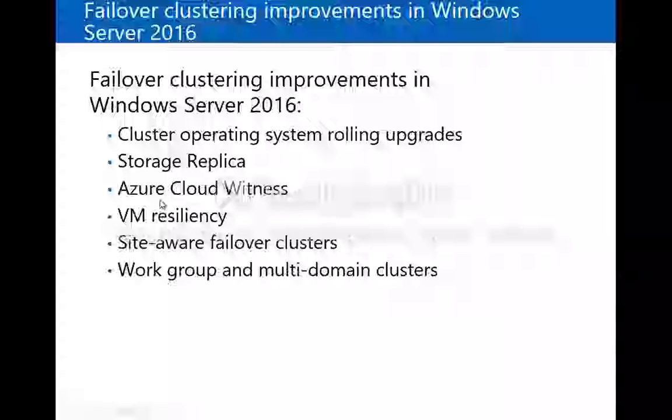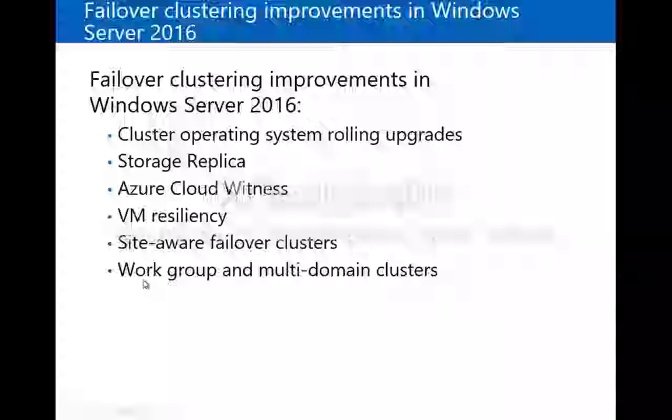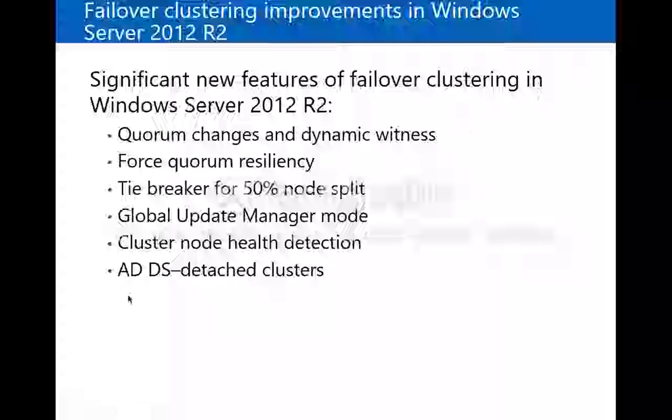Storage Replica, Azure Cloud Witness, VM resilience, and site-aware failover clusters. This is very important for stretch clusters, and for the tiebreaker in node splits, and also workgroup and multi-domain clusters, which are improvements of these new clusters.